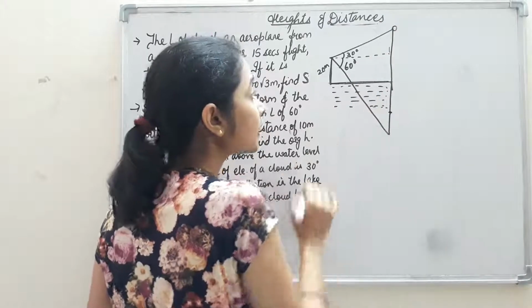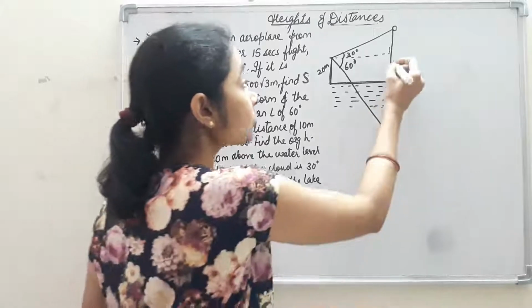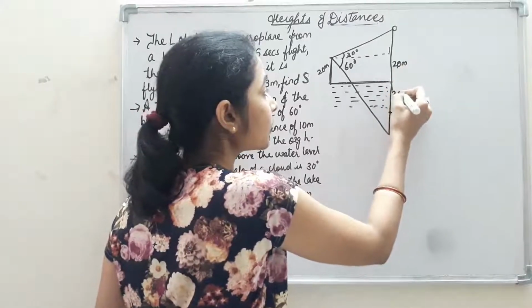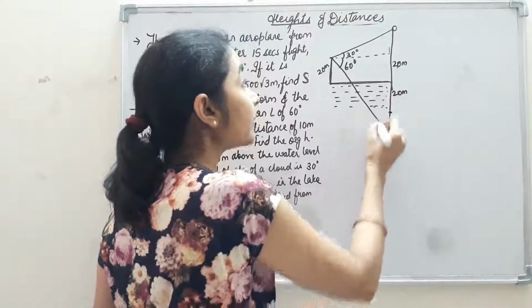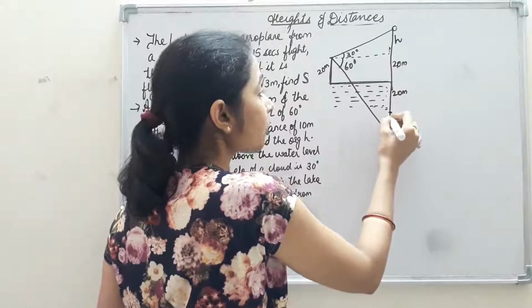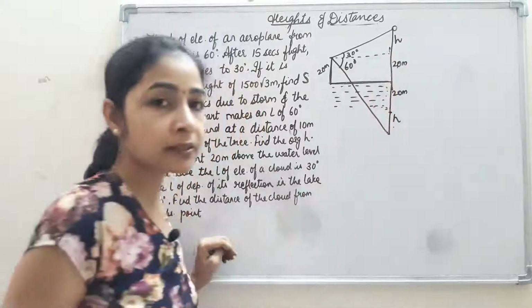Now what will be the depth of its reflection in the lake? First, this 20 meters distance will be there, and this 20 meters will also be here, and then this height h will be there. So the depth of that reflection is 20 plus h, because here also it is 20 plus h.